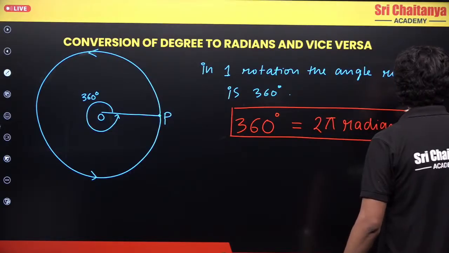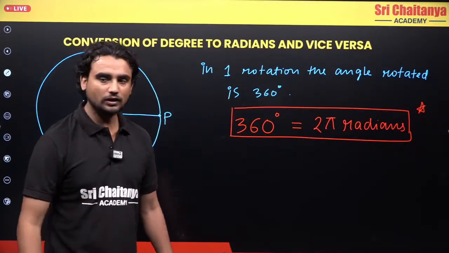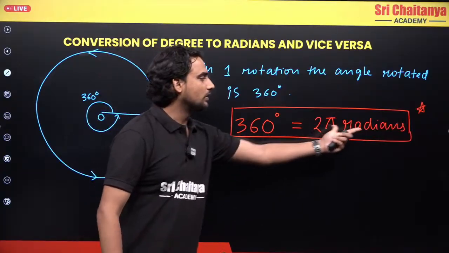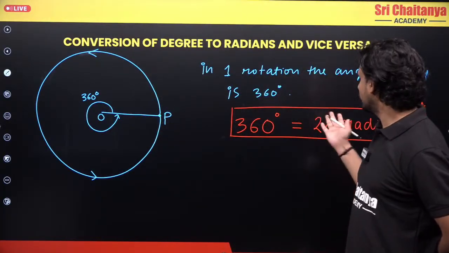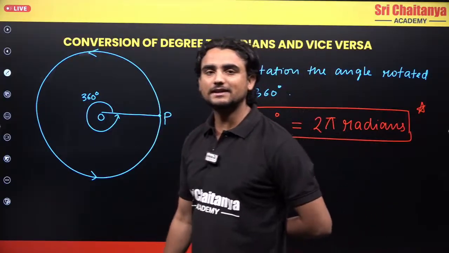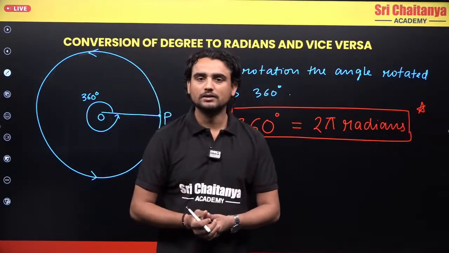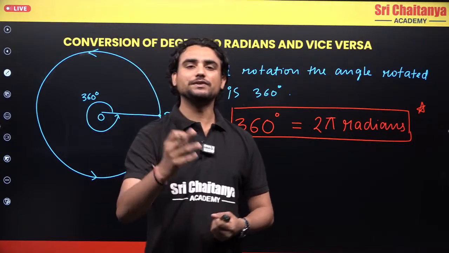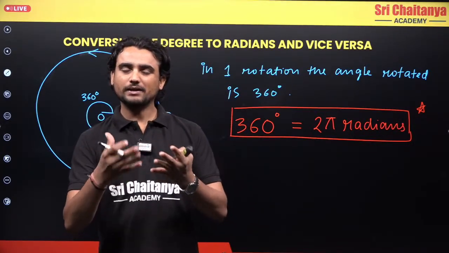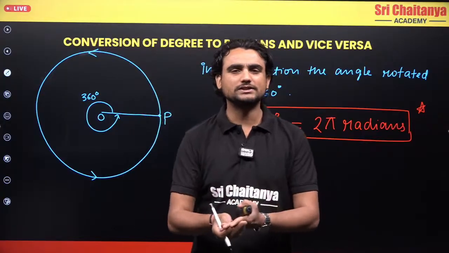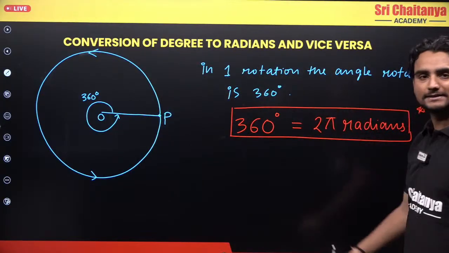If you know this single thing, you can make the conversion very easily. How do we know 360 degrees is equal to 2 pi radians? It is the same thing as 100 centimeters equals 1 meter. These are units we have made for ourselves so that it becomes easy to do the calculations and report the answers.